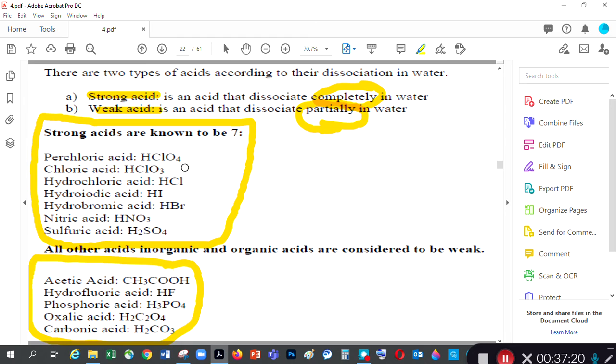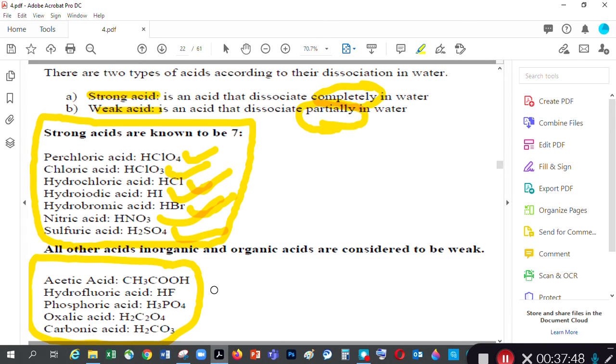So the strong acids are perchloric acid, chloric acid, hydrochloric acid, hydroiodic acid, hydrobromic acid, nitric acid, and sulfuric acid. 7. And all the rest of the inorganic and organic acids, whatever acid you can see in nature or in any textbook, if it is not one of the 7, it has to be a weak acid.